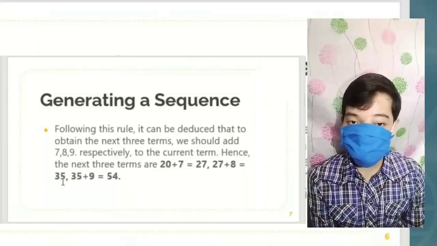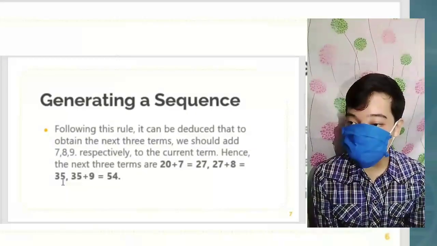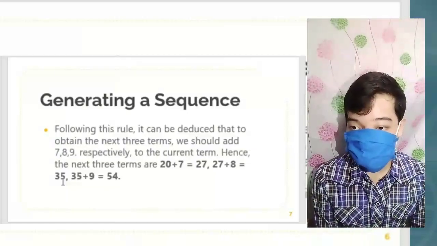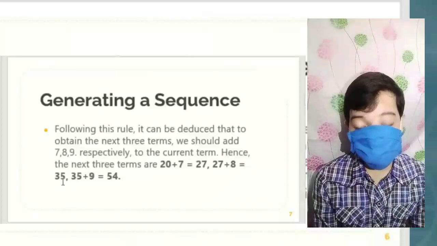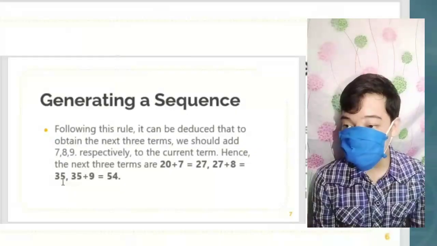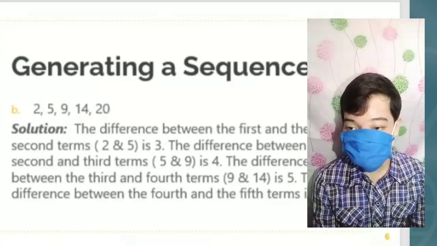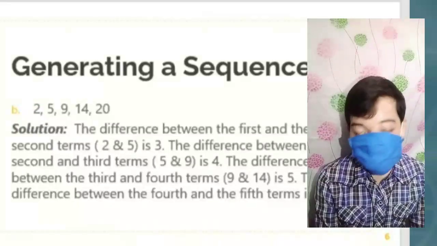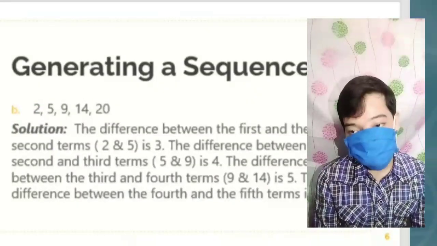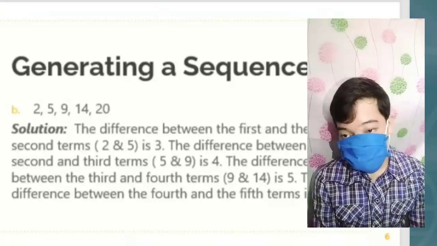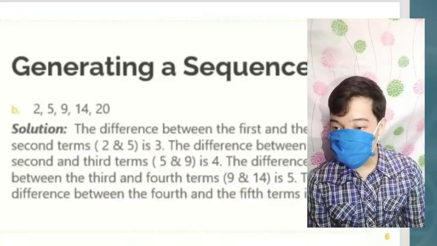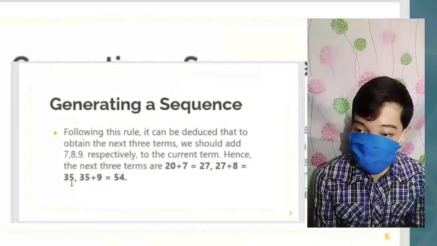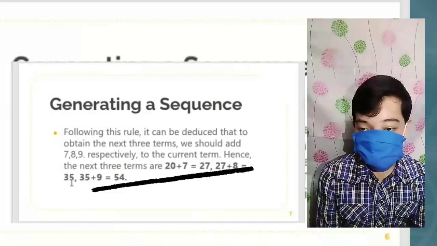Hence the next 3 are: 20 plus 7, we have 27. 27 plus 8, we have 35. 35 plus 9, we have 44. It is also the same by adding the counting numbers, like 2 plus 3 is equal to 5, 5 plus 4 is equal to 9, 9 plus 5 is equal to 14, 14 plus 6 is equal to 20, and so on and so forth. So we come up with the next 3 terms, which are 27, 35, and 54.